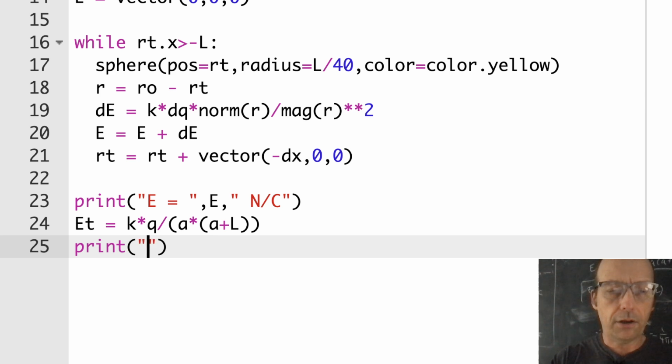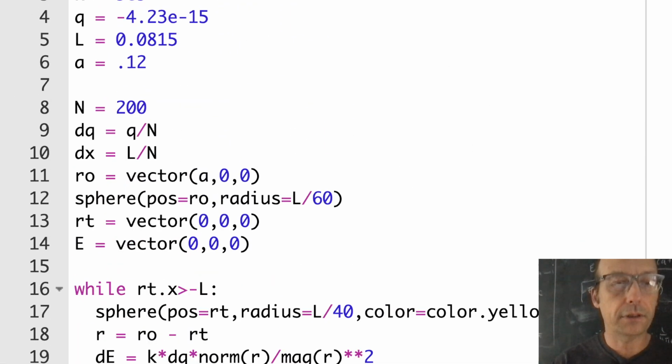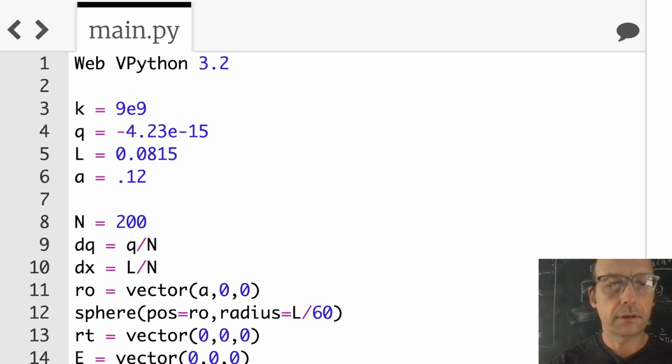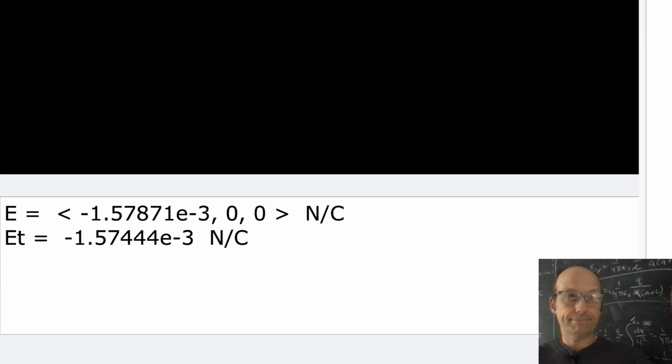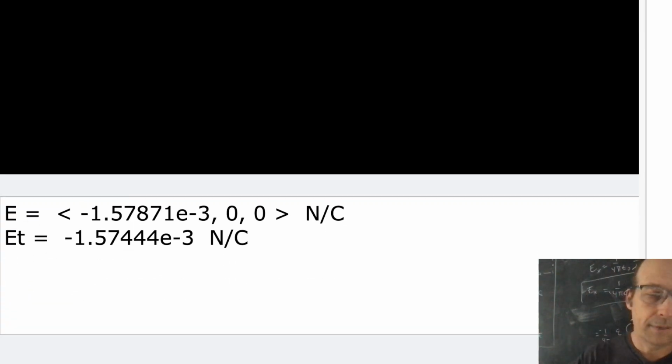Print, I'm going to call this ET, phone home, equals ET, newtons per coulomb. Let's see what happens. Kind of nervous. Same thing. I mean, one's a vector and one's not, because we already assumed the direction for the other one. But we get pretty much the same thing. So there you go. That's the answer.